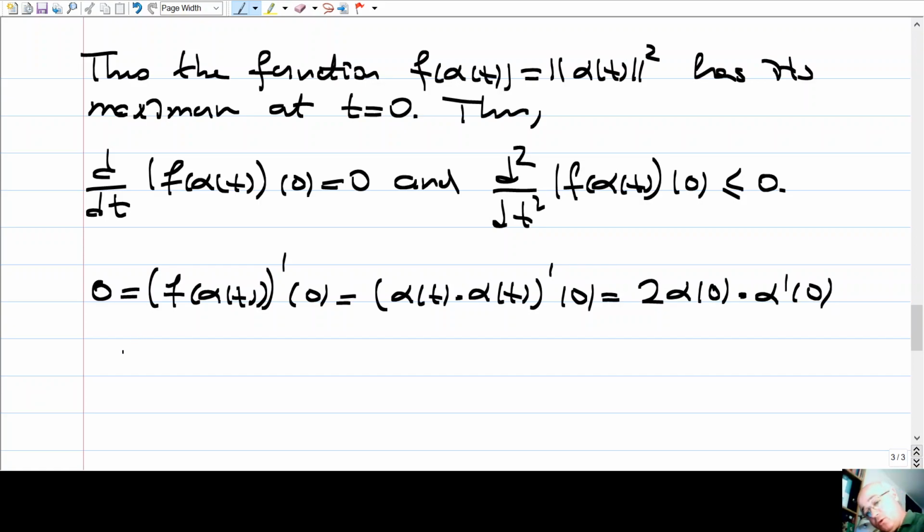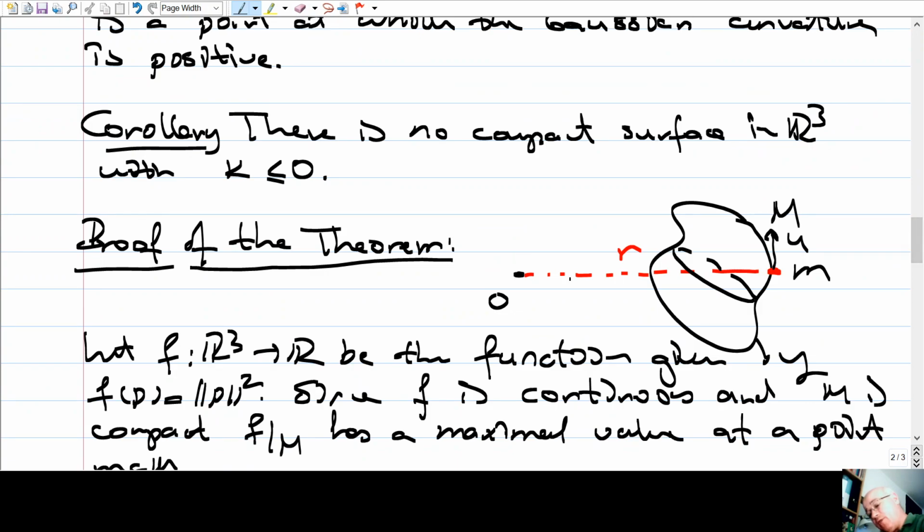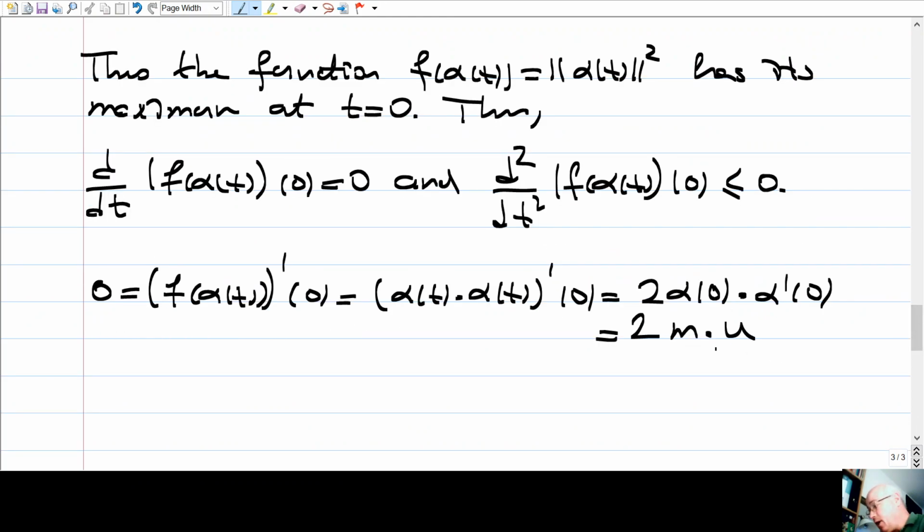And this is equal to 2 times, this is just m, and this is u. So the vector u dot product with m. Here I consider m as a point on the surface, but of course it is also the vector joining the origin to that point. So I regard this m also as a vector. So m is this vector here, u is this vector, and their dot product is 0.